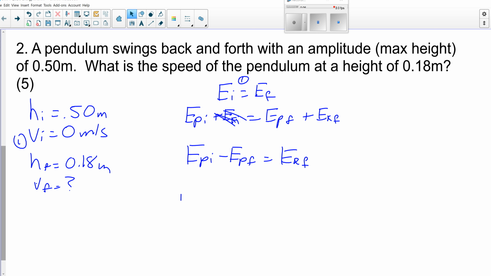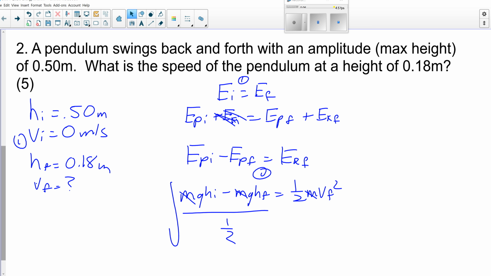Then that's going to be M times G times H initial minus M times G times H final equals 1/2 MV final squared. If they have something along these lines as a manipulation, you can give them a mark there. The masses are going to cancel, thankfully, because we weren't told what it was. And I just need to divide both sides by 1/2 and square root to get VF.